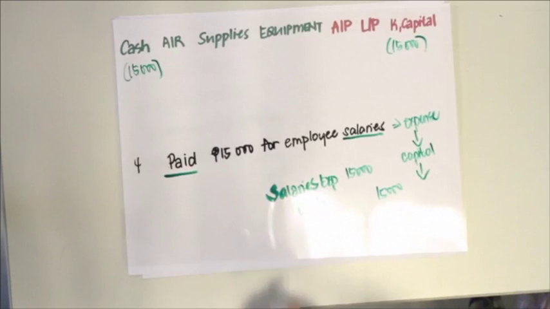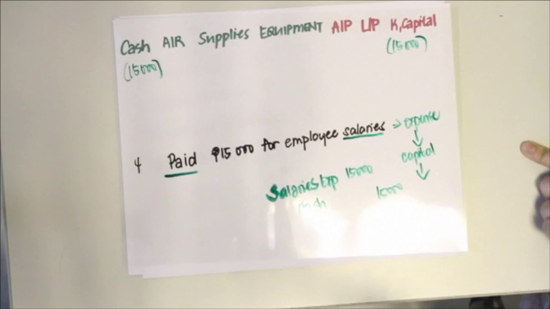Take note that expenses always have a normal debit balance, while income always has a normal credit balance. Thus, an increase in your expenses would cause a decrease in your capital, and an increase in your income would cause an increase in your capital.